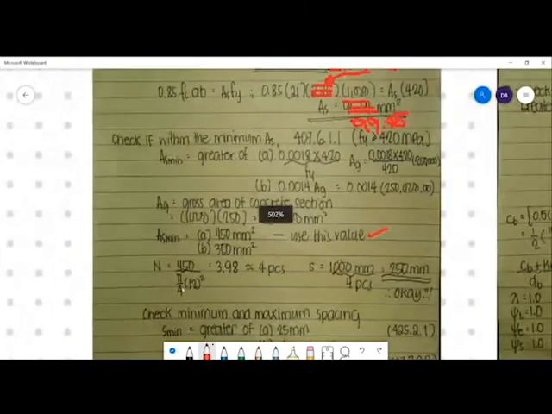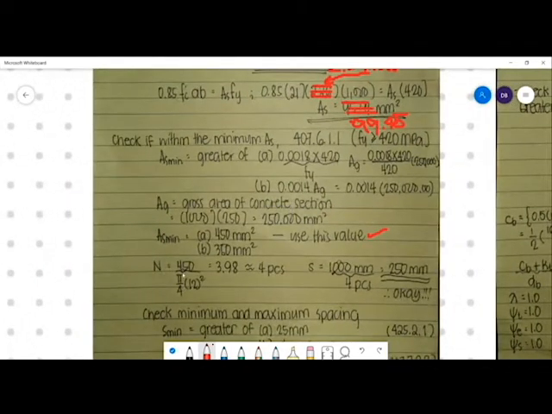So we determine the number of bars: 450 over pi over 4, 12 squared, is 3.98, which is equal to 4 pieces. So it passes the minimum steel area. But we have to check the spacing of your rebars as well.